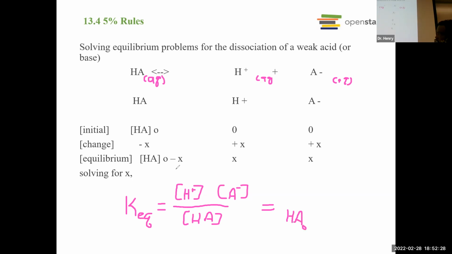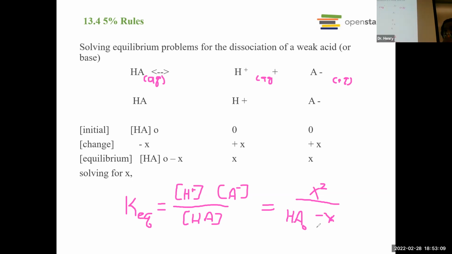HA naught, not meaning the start, minus X, over X squared. Okay. And so normally you're given your equilibrium constant. So if we're given our equilibrium constant, then we can calculate and solve for X. And so that's basically how you would use the equilibrium expression to solve for your answer.